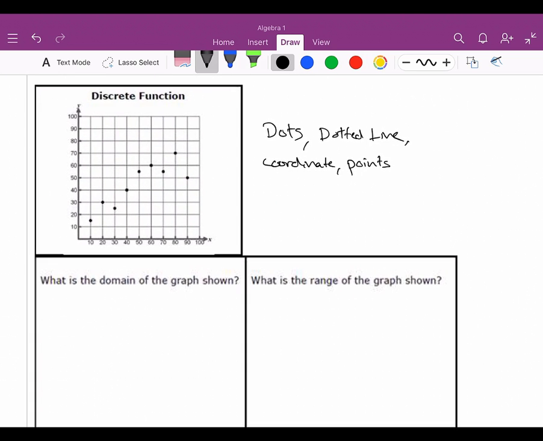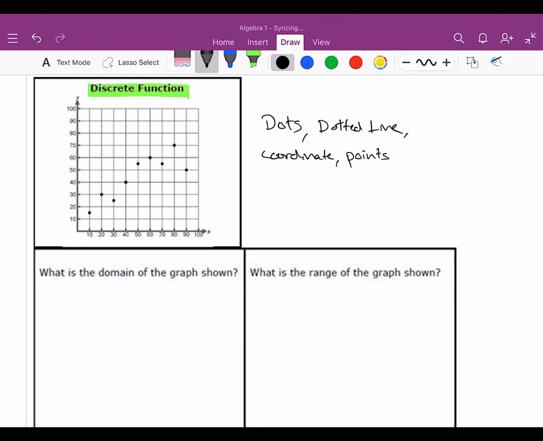Now, what is the domain of this graph? Whenever it is a discrete function, the domain, you simply list every point, list every x. So domain, again, is x. That means range is y. So I'm going to list those. This is just a bracket. Our domain is going to be, I'm going to look at the graph. Our first x is 10. So I go to the first point here, and I go down to where the x is and what it tells me.